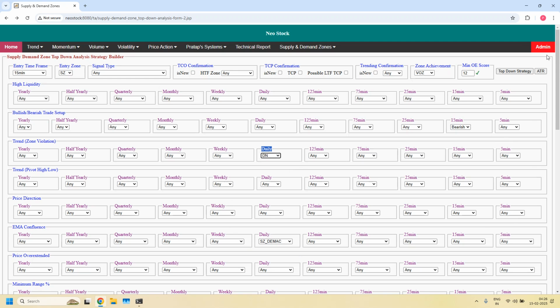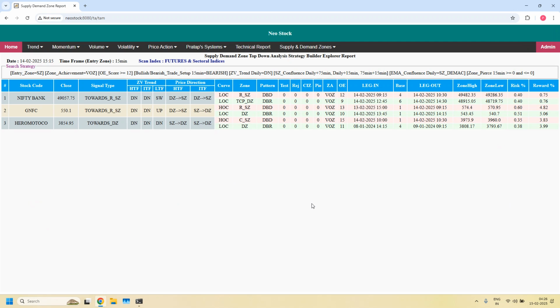So with these filters, we got 3 stocks. These three are even more high probability trade setup supported 15-minute supply zones. So this is a bearish trade setup for daily income trade.